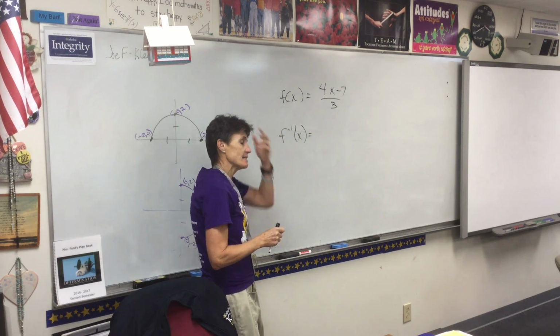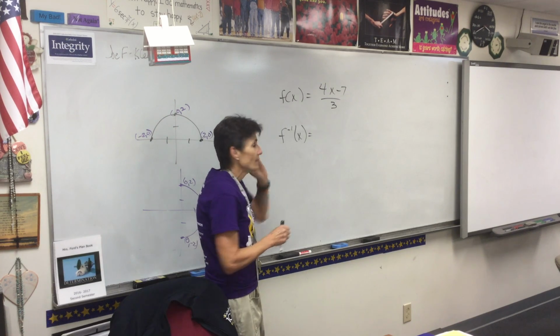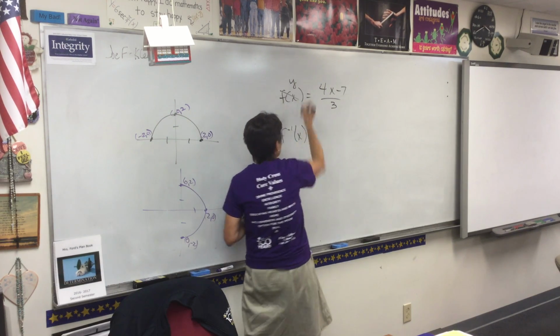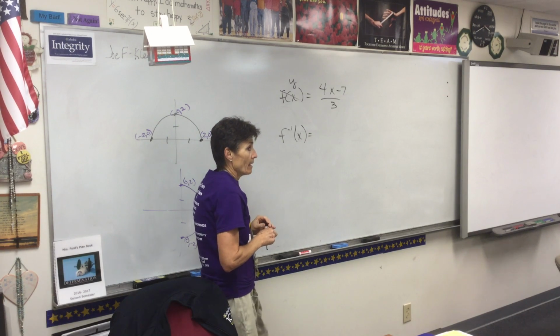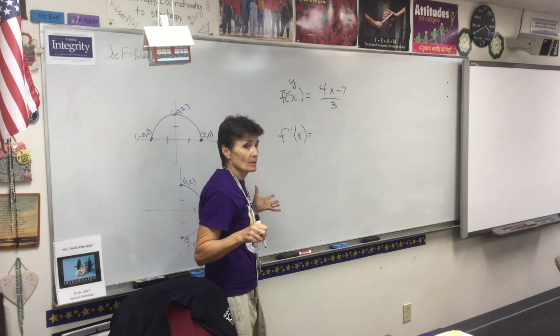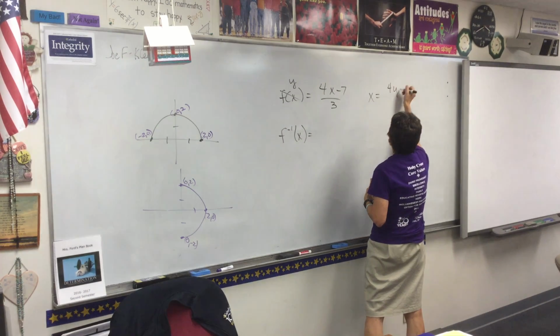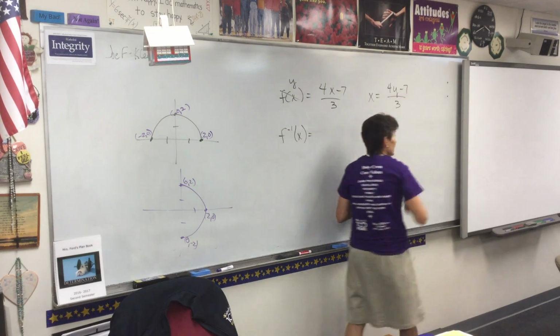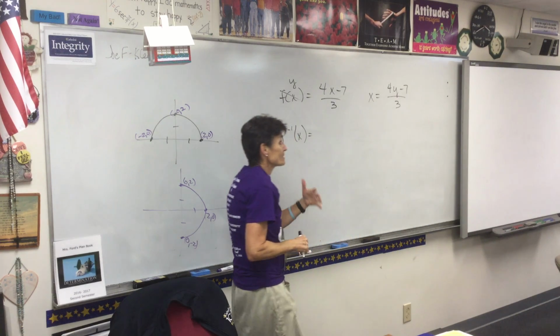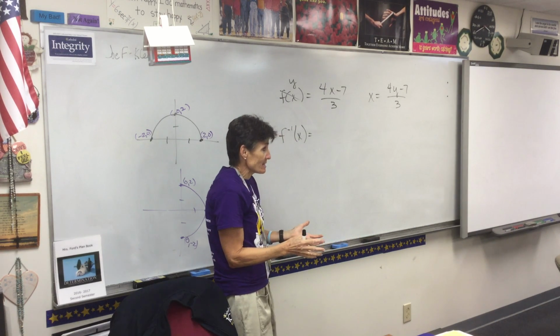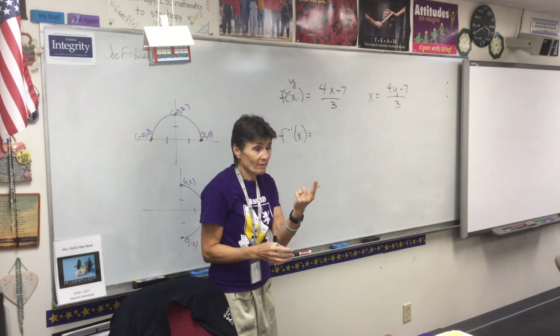This is easy. It's easier than the one you just did. Think of this as a y, right? And then what's the first step? You switch the variables. So x equals (4y minus 7) over 3. Your job is to get y alone. This is a lot easier because there's only one of them.